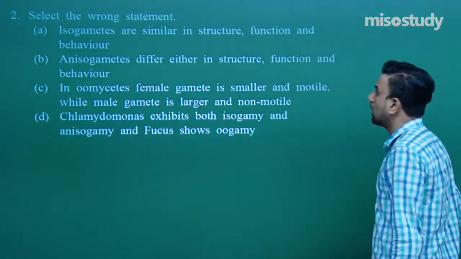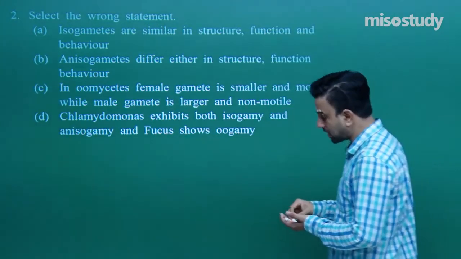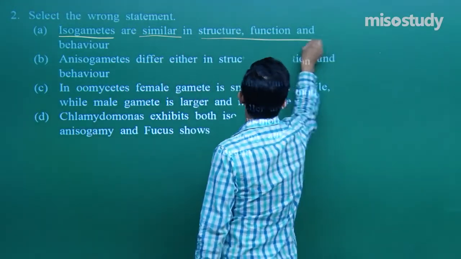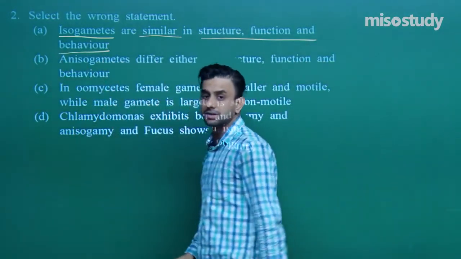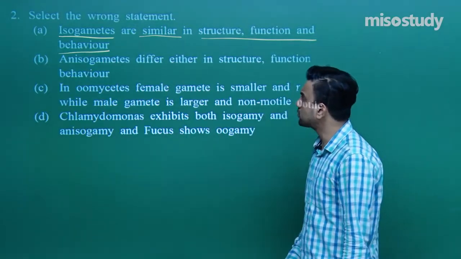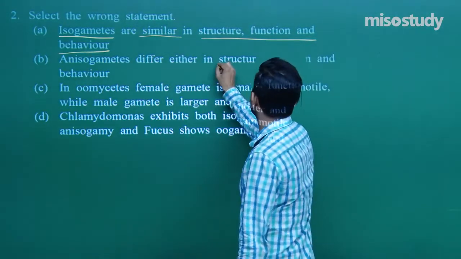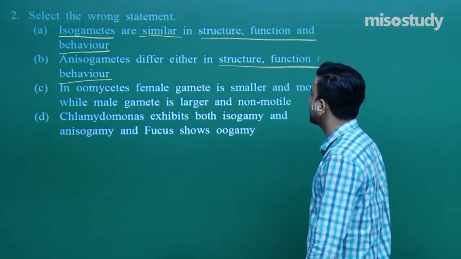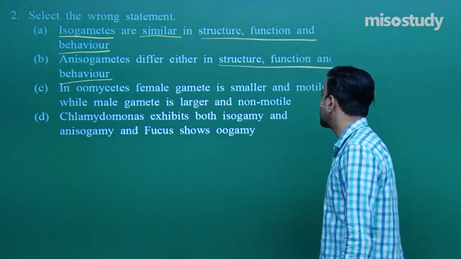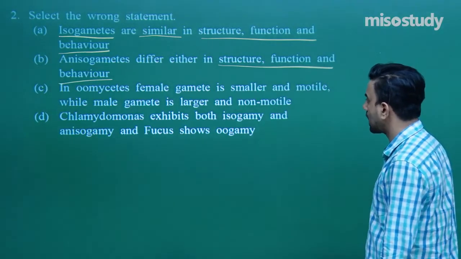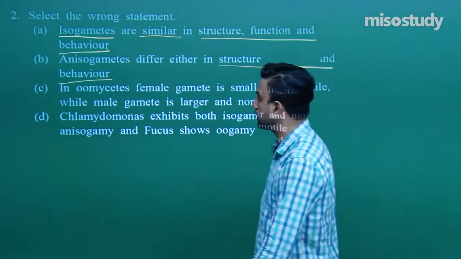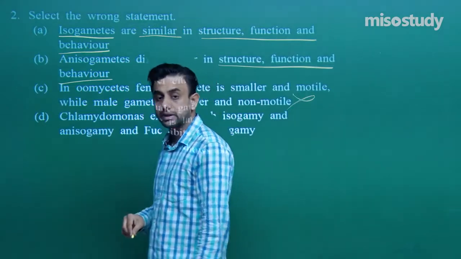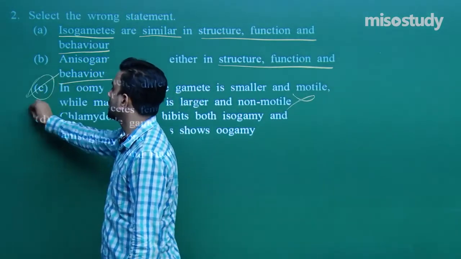This is absolutely right. Anisogametes differ in structure, function or behavior. And in oomycetes, the female gamete is smaller and motile, while the male gamete is larger and non-motile. This is absolutely wrong, and since we have to select the wrong statement, this will be my answer.